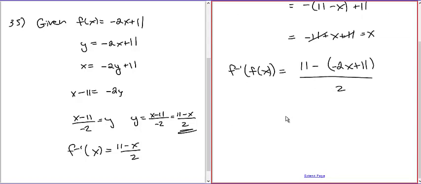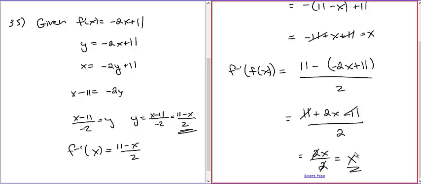Now here, what I'm going to have is distribute the negative sign, so that becomes plus 2x minus 11 all over 2. So negative times a negative is positive. Negative times a positive is negative. These cancel out. Go to 0. You know, with 2x over 2. And 2 divided by 2 is 1. And you get x. So that is how you prove that you did it right.